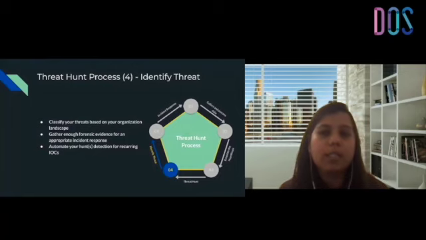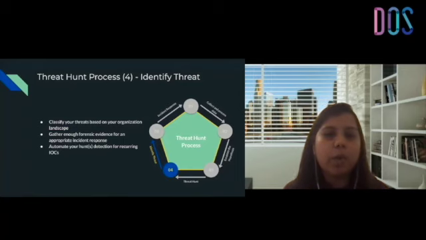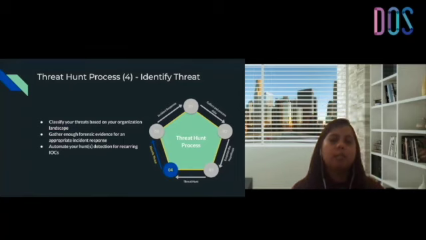You have to identify whether these policies are still valid for your organization, or whether you can defer them, or maybe these are low-hanging fruit. You assign severity to your threats, and you also identify whether they are false positives at this point. Most of the time, if it's a startup, the person who is doing the threat hunt will be conducting the next step, which is incident response. So they usually combine the fourth and fifth steps.